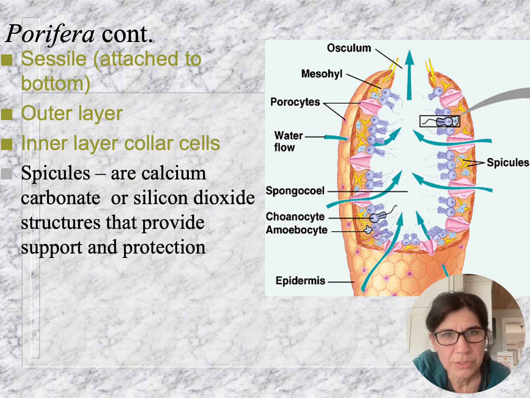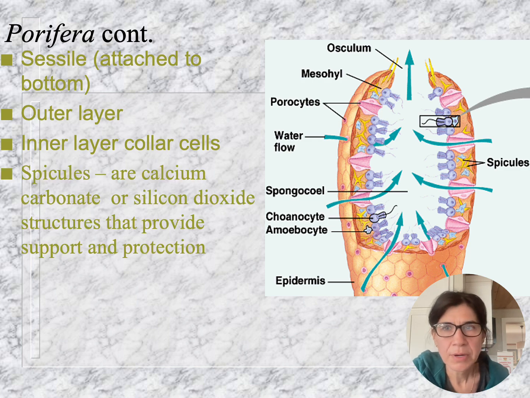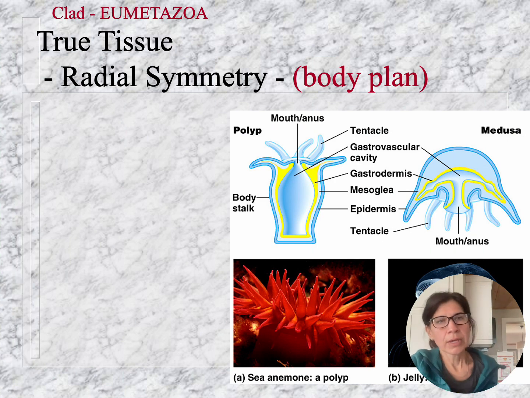The spicules are these that have that star structure, and they're actually made out of calcium carbonate, so they're kind of like their skeleton. They're hard. That also protects them from animals trying to eat them because they're spiky. Their support and protection.